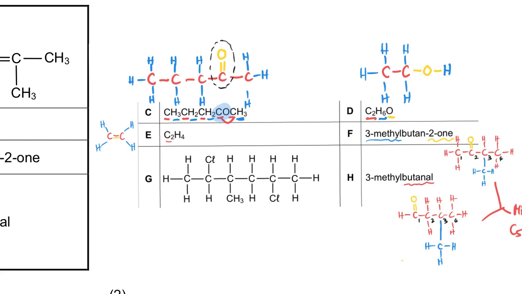This happens to be a ketone. So a chain isomer is also going to be a ketone, but it's going to have a different chain.